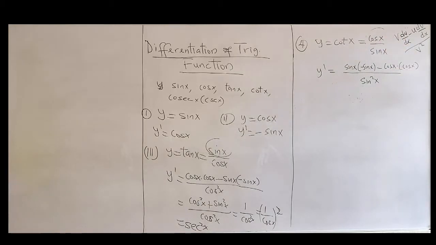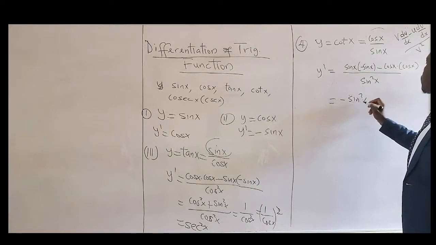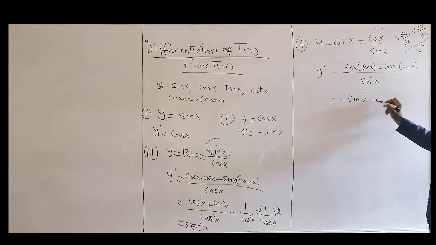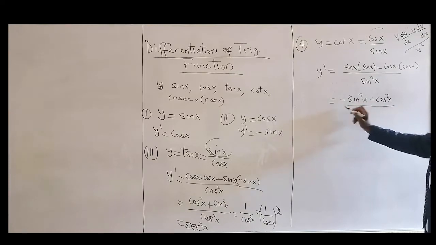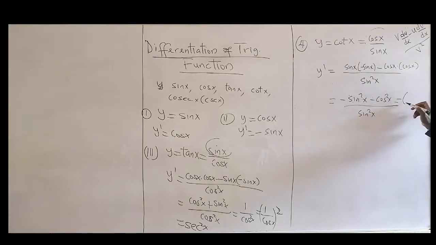I'm using v du dx minus u dv dx, all over v squared. That's the formula I'm using. My v is this one, my u is cos x. So that will be equal to minus sine square x, and then minus cos square x, all over sine square x. Then we can take the negative out from the numerator, factorize your negative, then you have sine square x plus cos square x all over sine square x.